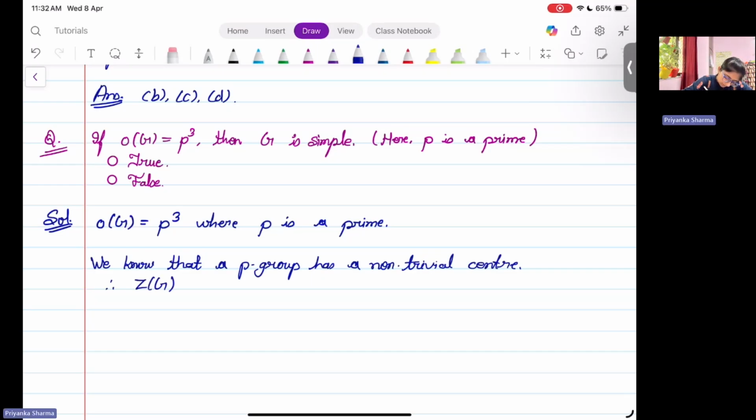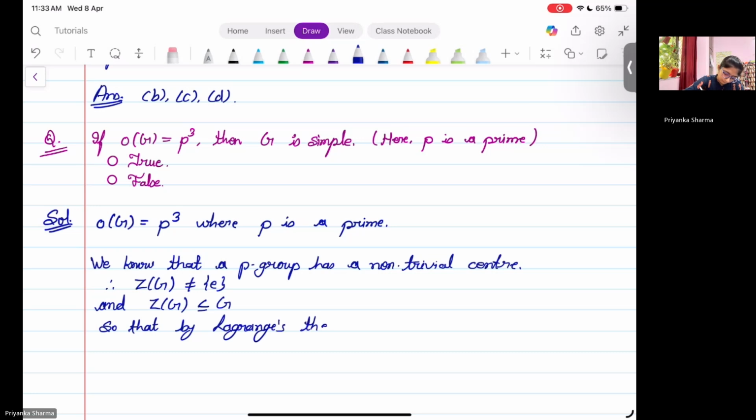Therefore, the center of G is not equal to the identity. And the center of G is a subgroup of G, so by Lagrange's theorem, the order of Z(G) divides the order of G, as here the order of G is finite.